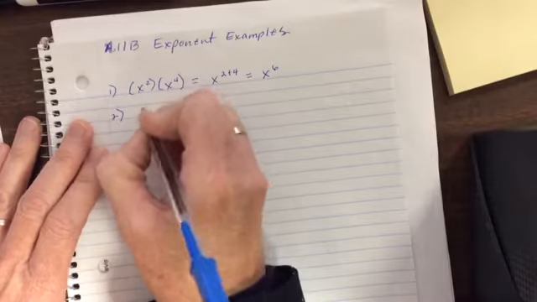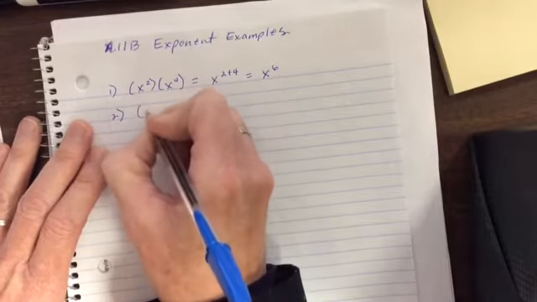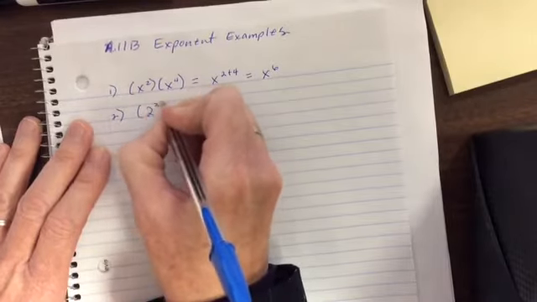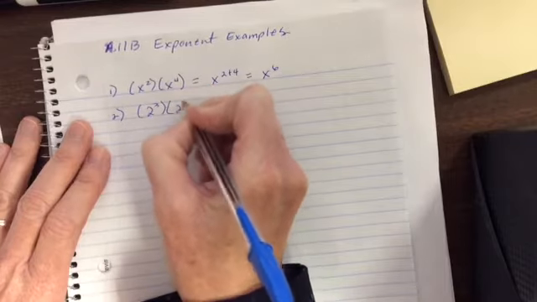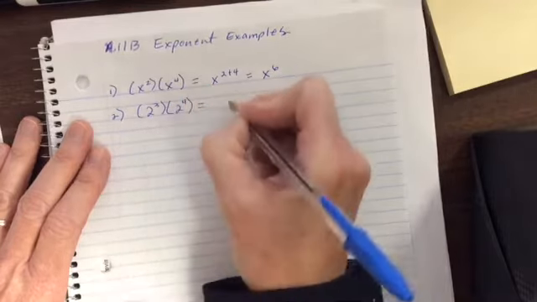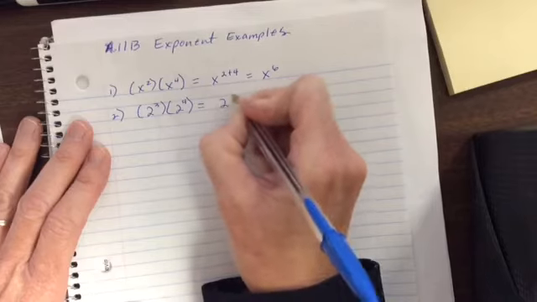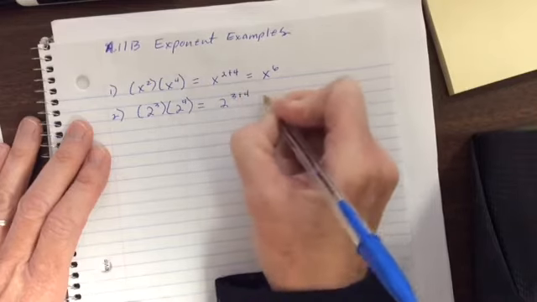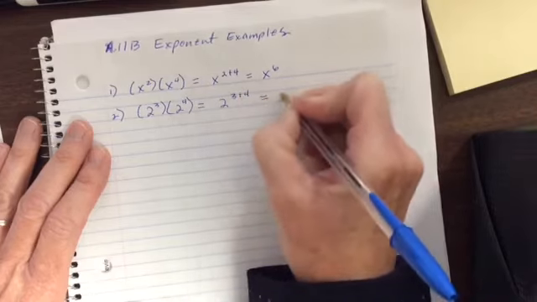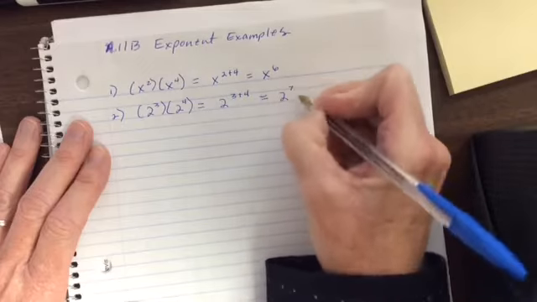Number 2, let's say you have 2 to the 3rd power times 2 to the 4th power, and that would give us 2 to the 3 plus 4 power, which would be 2 to the 7th power.